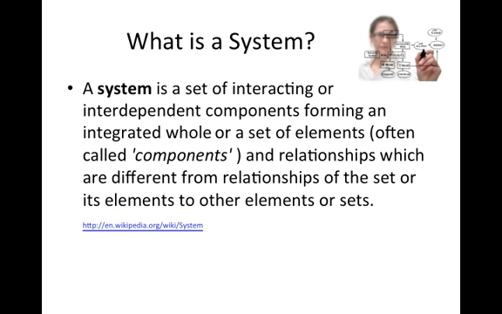The relationships between the different components can be different from each other. Different components can relate to other systems. So we can see how we can get a very complex set of components and relationships pretty quickly.